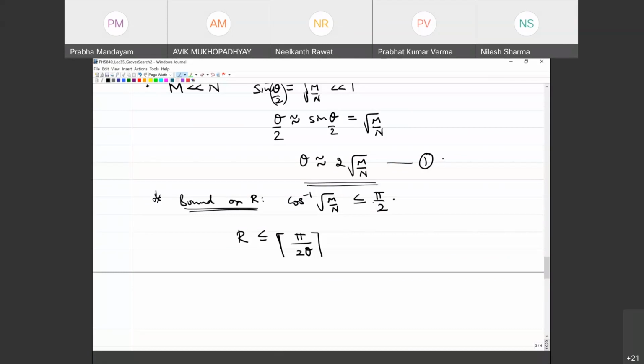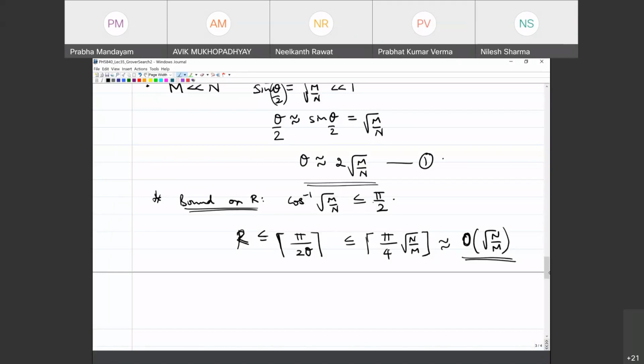So using this itself, I can argue that this basically becomes pi over 4 square root n over m, and so this is approximately order square root n over m. So the number of times that you need to rotate is bounded in terms of the database size and the number of solutions as order square root n over m.